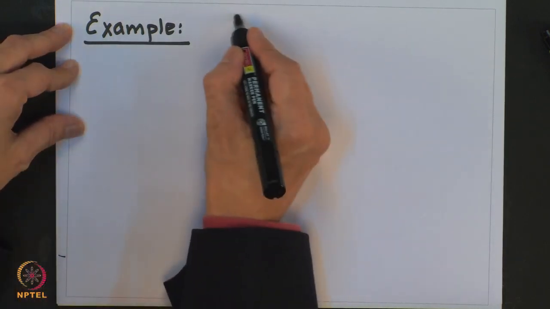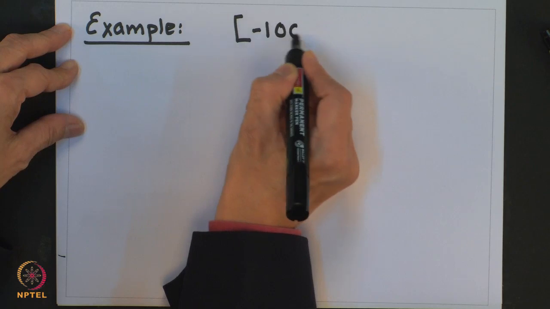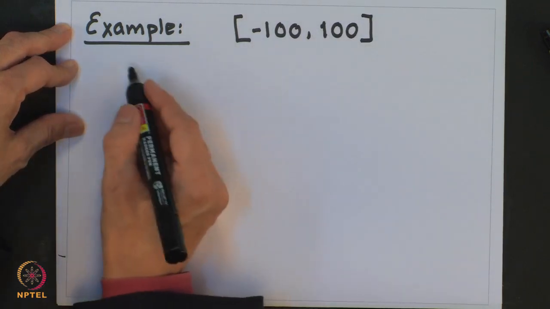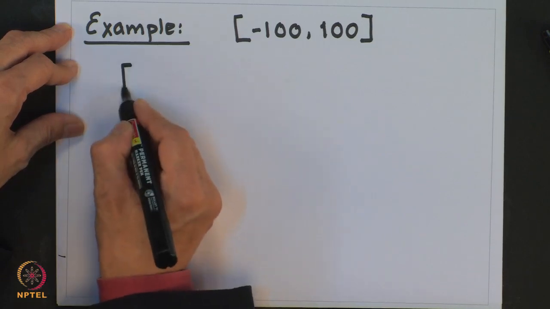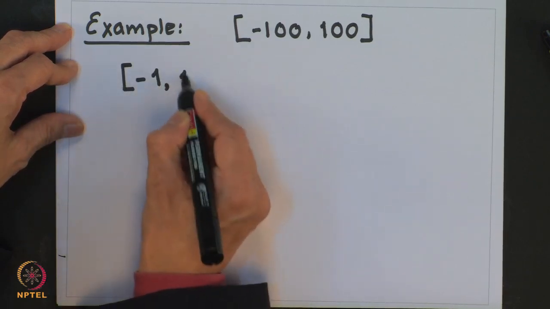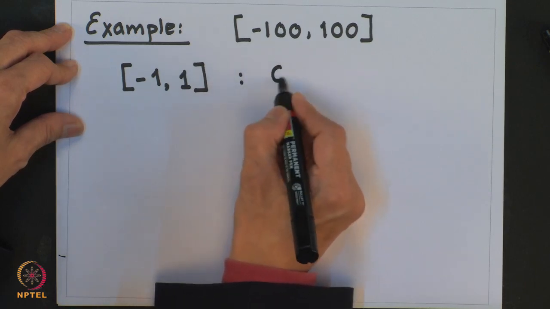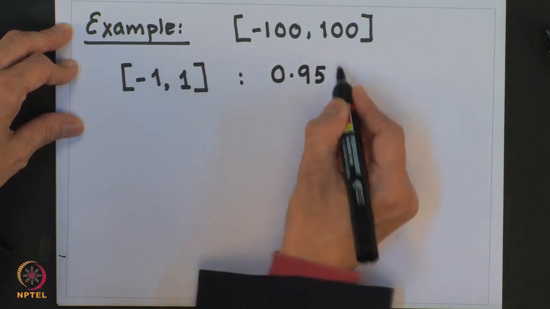Assume input range between minus 100 to plus 100, and also assume that input falls in the interval between minus 1 to plus 1 with probability given by 0.95.